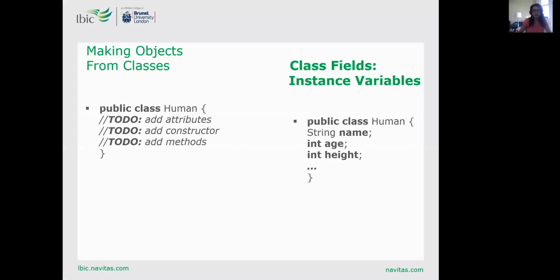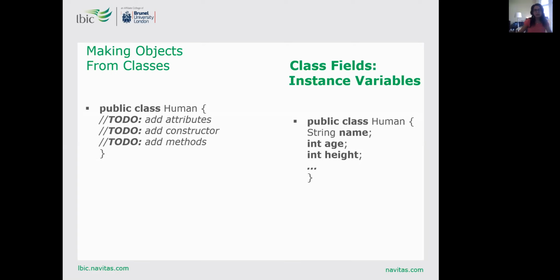There are three key parts of every class, but only one is always necessary. I'm going to tell you in a bit. A class can have fields or attributes, methods or behaviors, and must have at least one constructor. We're going to go step by step through this concept.